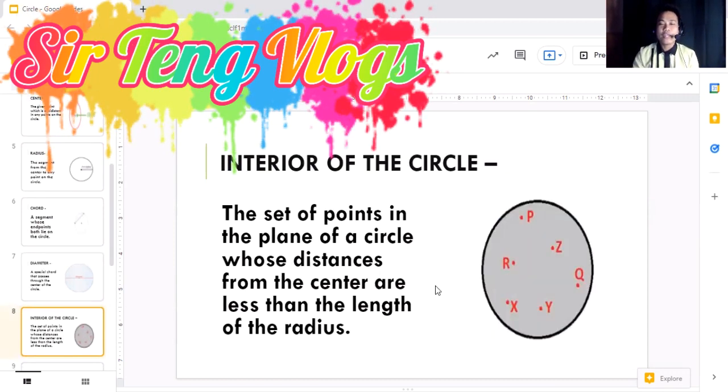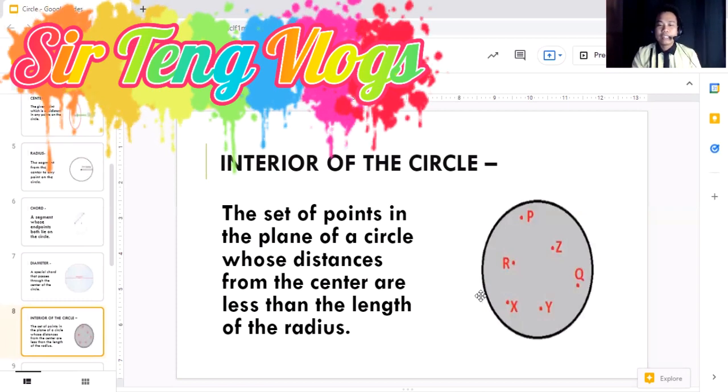Then we have the interior of the circle. It is the set of points in the plane of a circle whose distances from the center are less than the length of the radius. Meaning to say, the interior of the circle are the points less than the length of the radius.